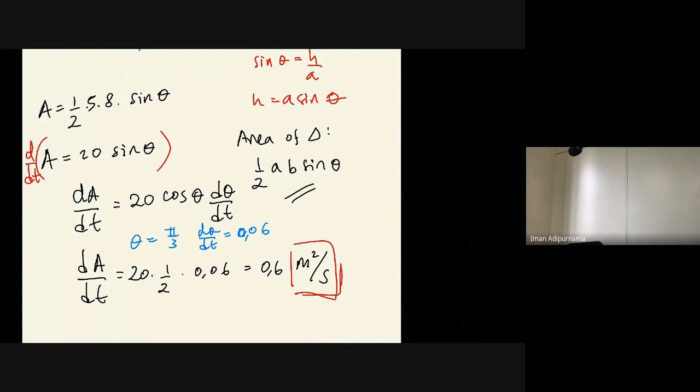Because to understand related rates, you need to understand the questions, the language, even when you read the exercise, because it's in English.